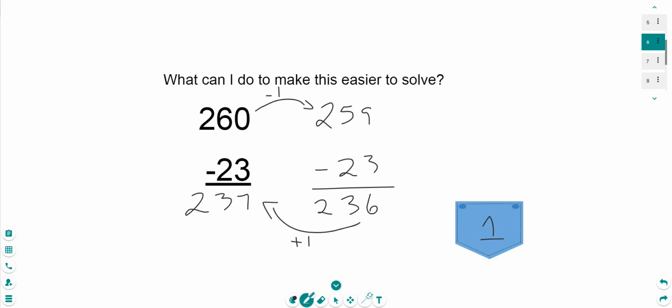Did you end up with 237 as the answer to the original question? Excellent. Did you remember to check your work and figure out 237 plus 23? Does that really equal 260?